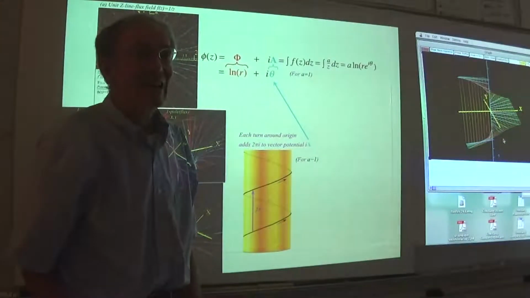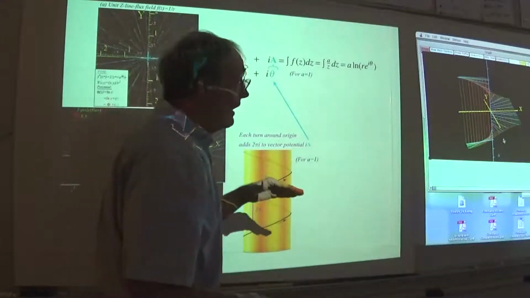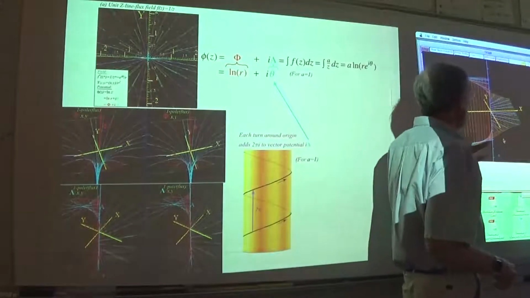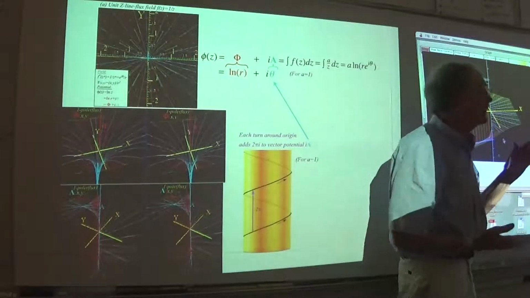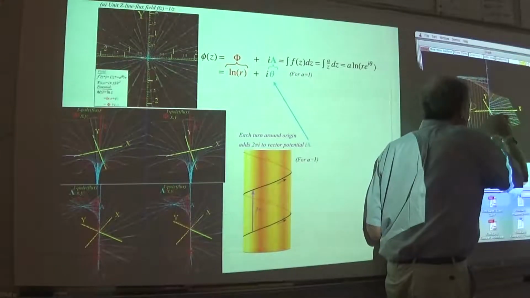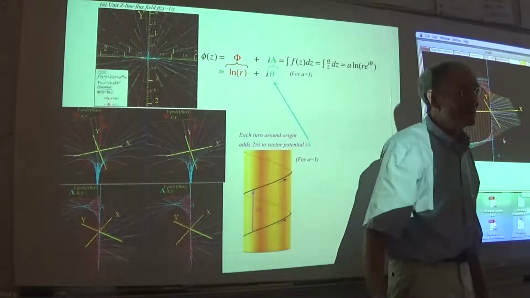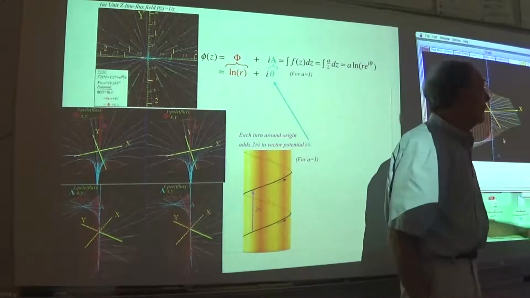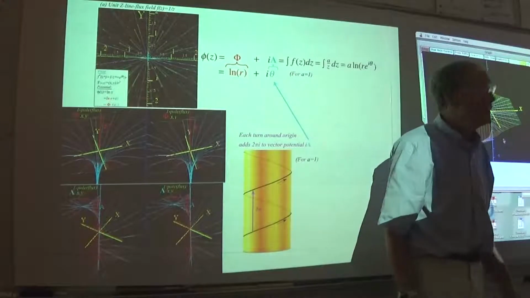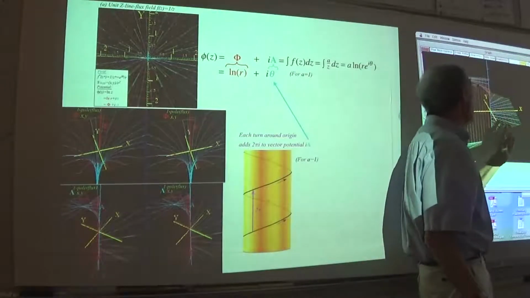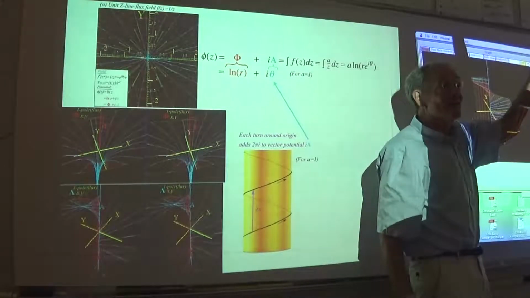What are the red lines? The red lines, I used to say that those are the blood lines. The blood is flowing down the staircase. Also those lines used to be constant phi lines, and they still are, but they're now doing the spiraling.